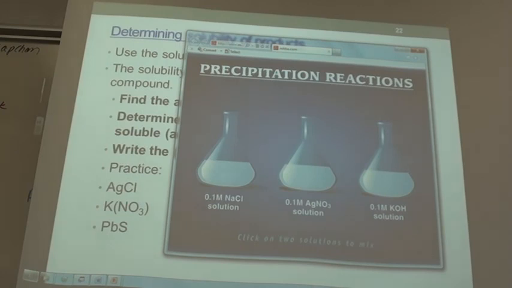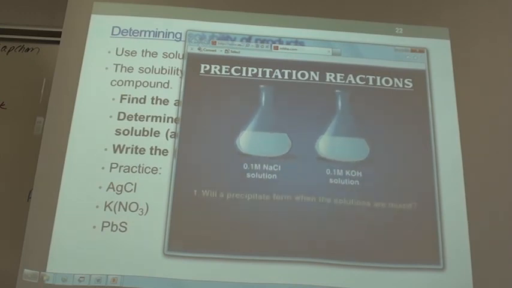And the last combination that we could make would be sodium chloride and potassium hydroxide. What are the cations in both of these? They are both group 1. Any mixture of a group 1 cation will be aqueous. It will be soluble.